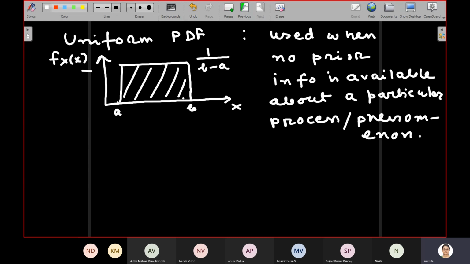So in that context, we use the uniform PDF as prior information of the quantity that we want to estimate. We may somewhat know the range of values, but we have no idea which particular value is more likely. Then we can use the uniform distribution to model this parameter initially.